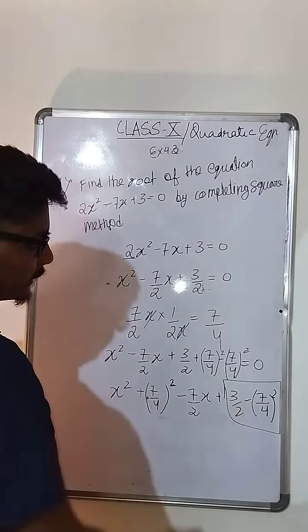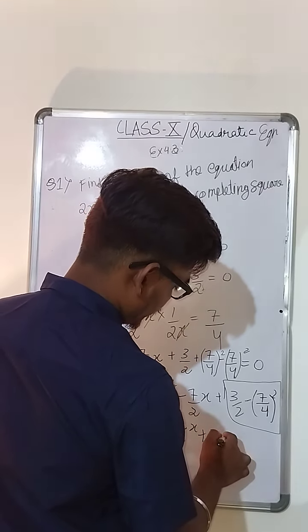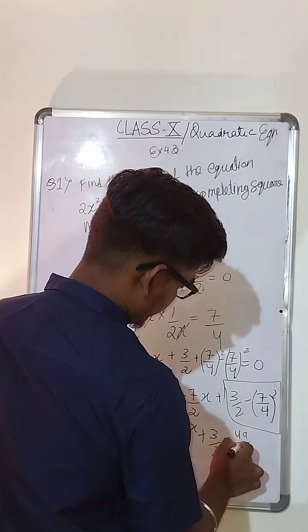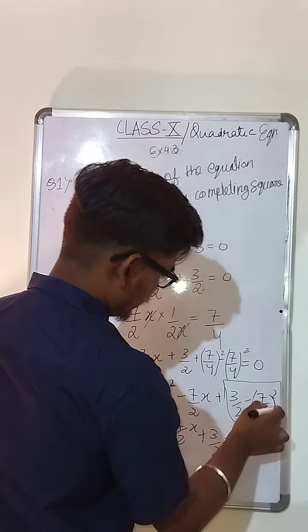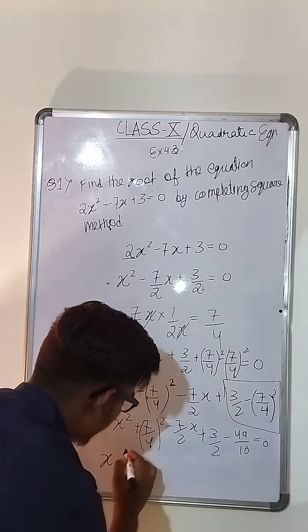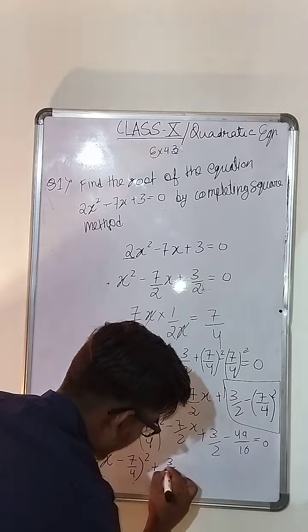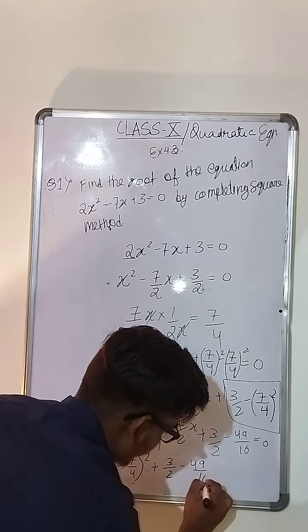So this will be x minus 7 by 4 whole square, plus 3 by 2 minus 49 by 16 equal to 0.